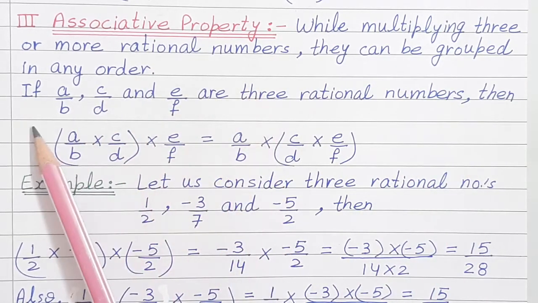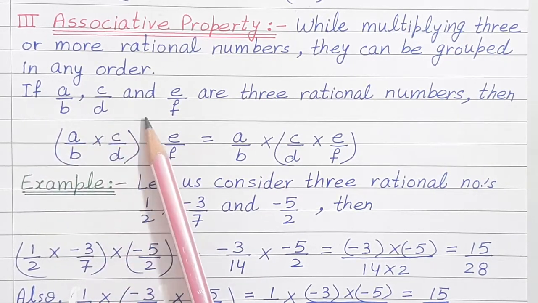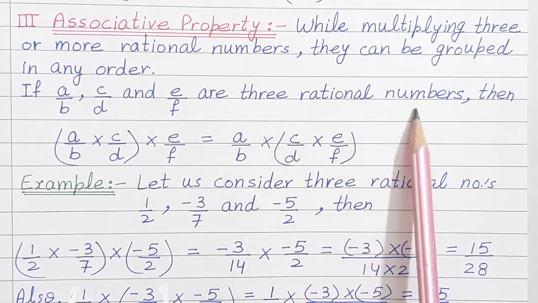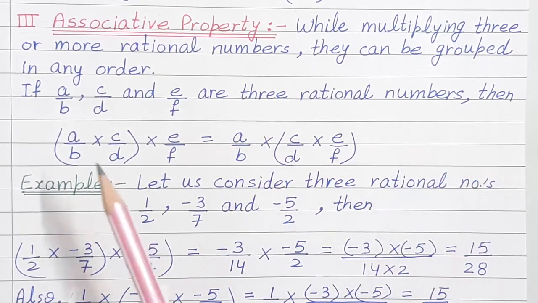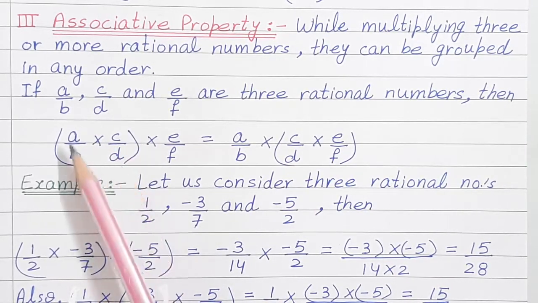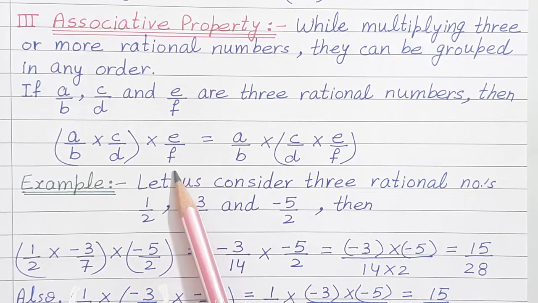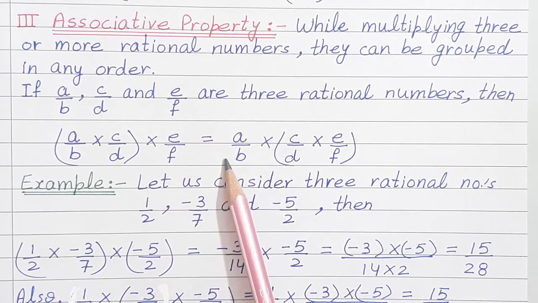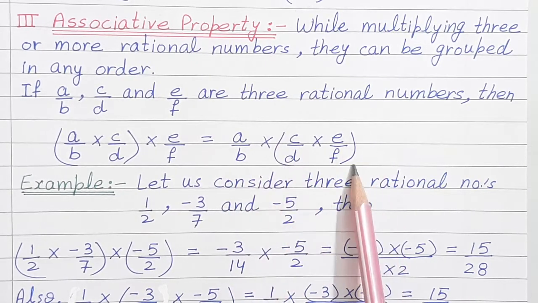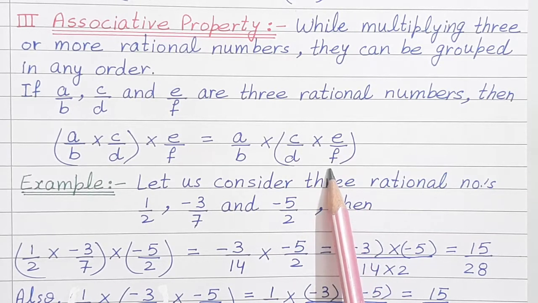That is, if a upon b, c upon d and e upon f are three rational numbers, then a upon b into c upon d, which is in bracket, multiplied by e upon f, is equal to a upon b multiplied by, now within bracket, c upon d multiplied by e upon f.